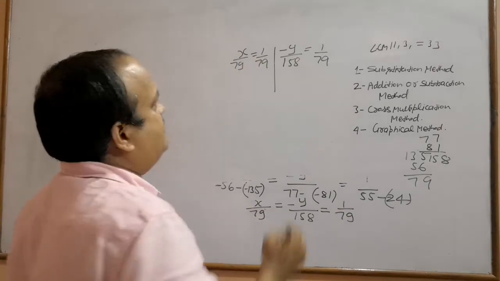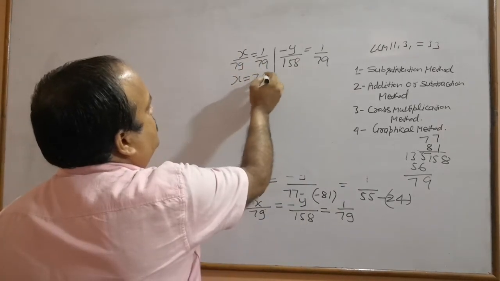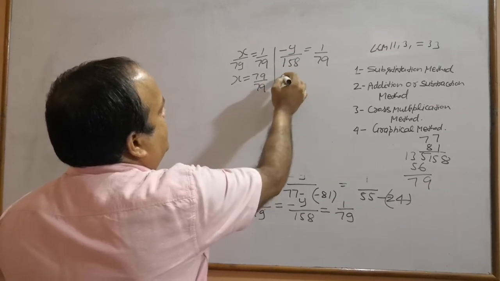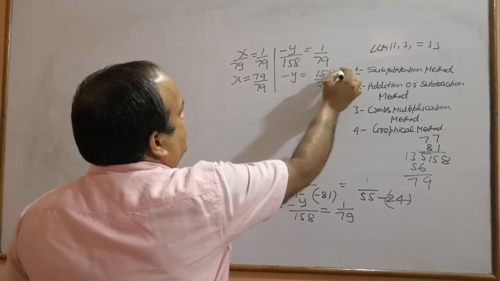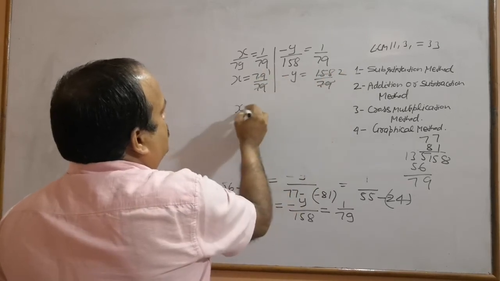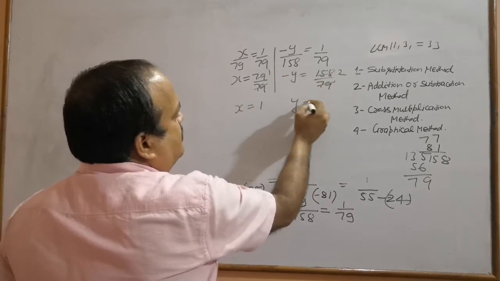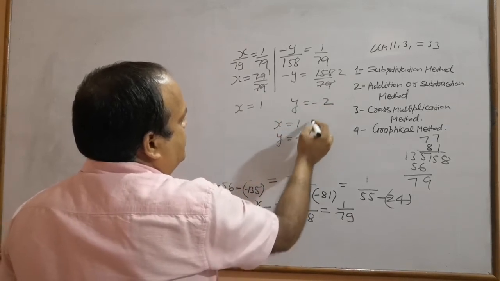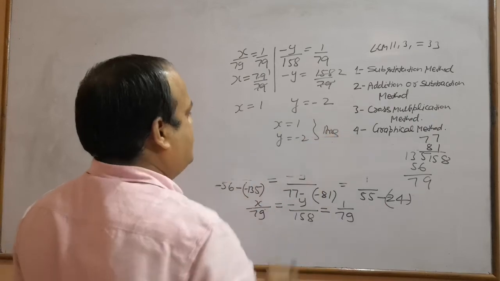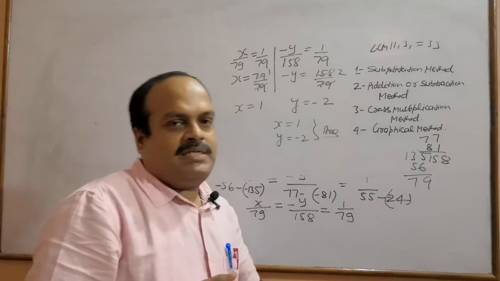Go for multiplication. x equals 79 upon 79, minus y equals 158 upon 79. So the value of x is 1 and the value of y is minus 2. We have got the same answer by this method. This method is the cross multiplication method.